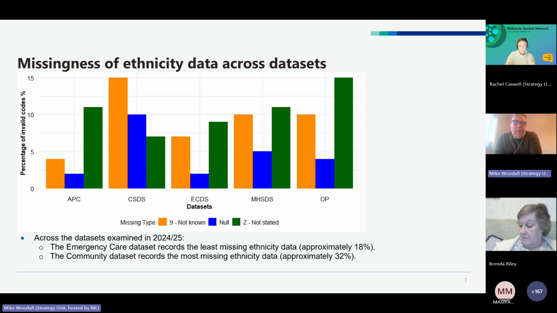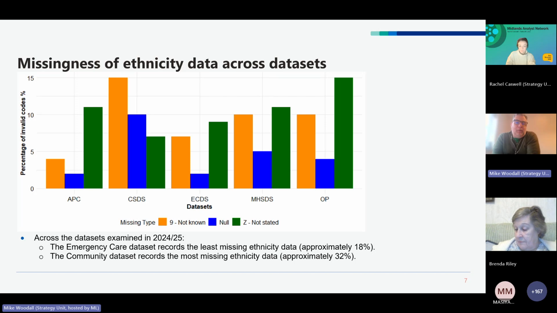So we can look at the proportion of data that was missing. The coding goes from 9, which is not known, the orange bar, null, which is blue, and Z, which is not stated. We can see that the amount of codes that are not known or not stated are higher than the ones that are missing. So people are using these codes in different data sets.